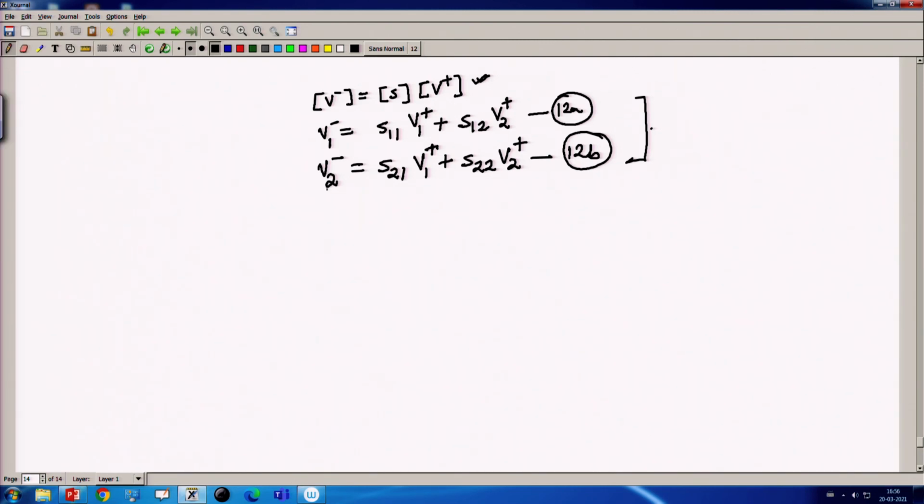Now, if port 2 is terminated in a matched load, if port 2 is matched, V2 plus will be equal to 0, straightforward.